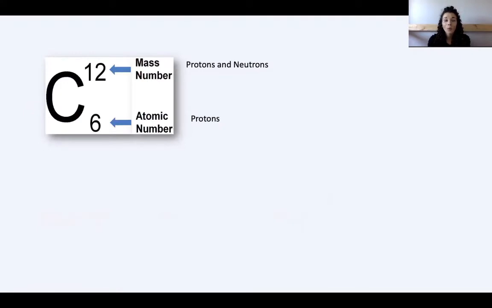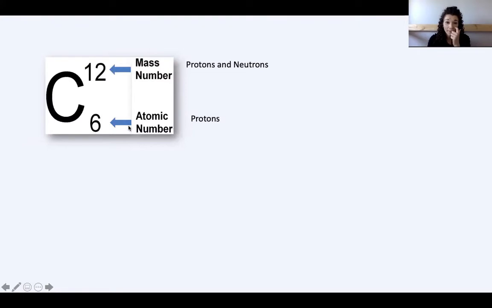So when we are looking at the periodic table, we'll study the periodic table in a minute, but when we're looking at an element in the periodic table, there are 2 numbers that are really important and allow us to work out how many protons, neutrons and electrons are in an atom. The first of these numbers is the smaller number, which is the atomic number.